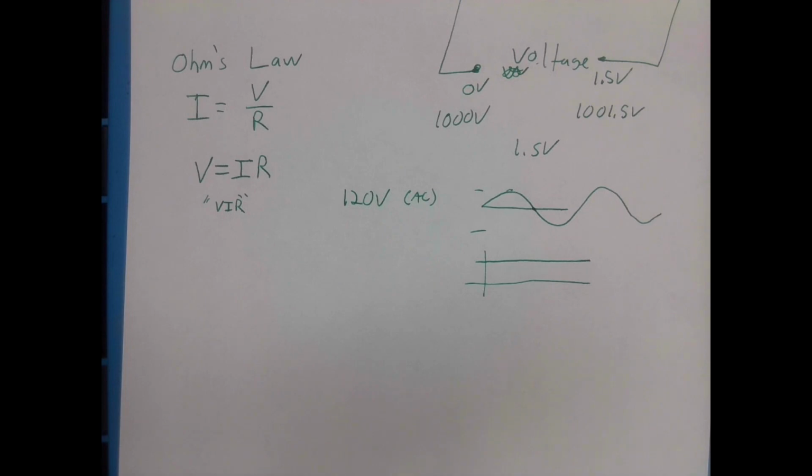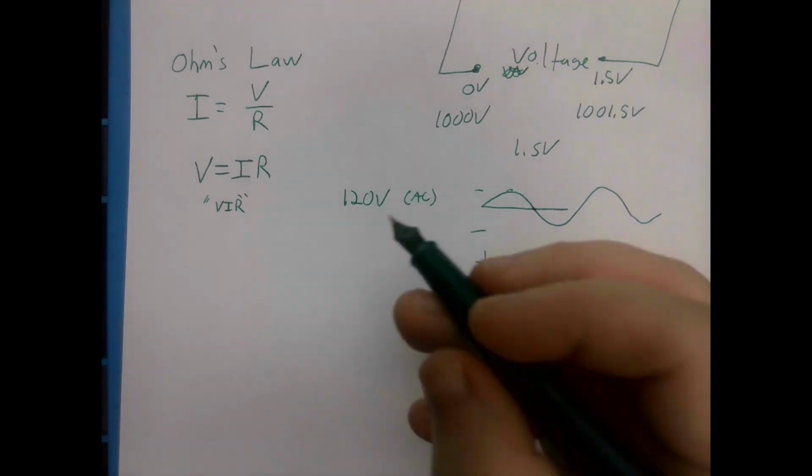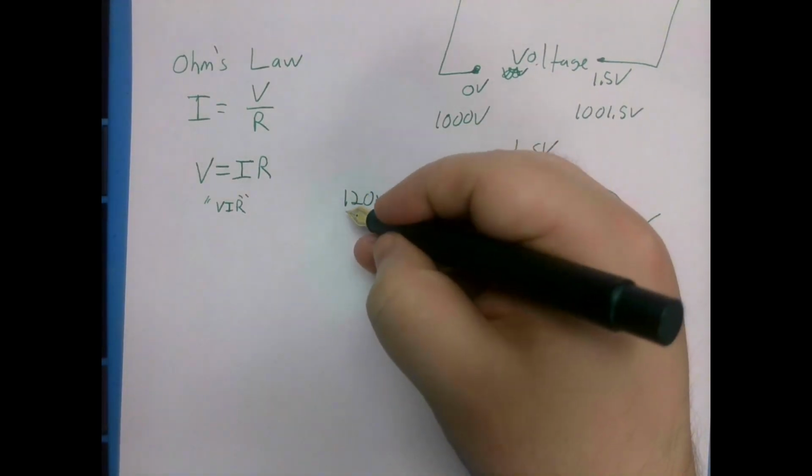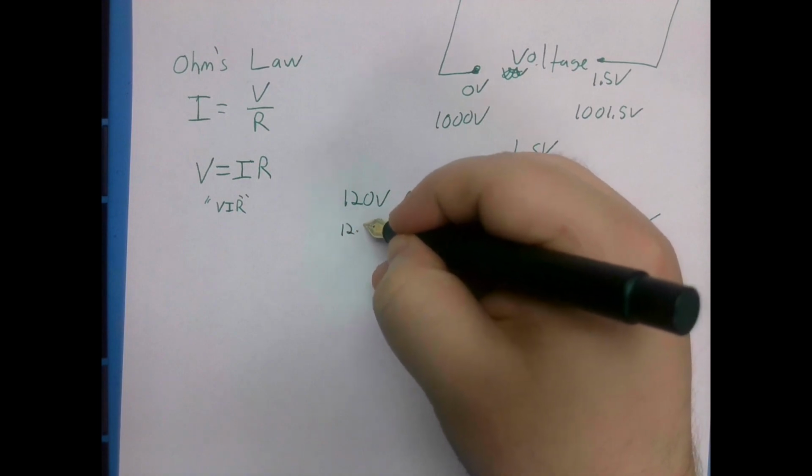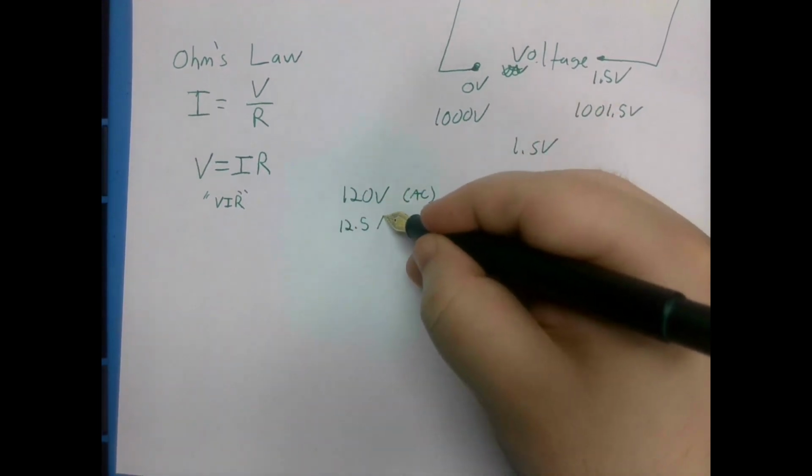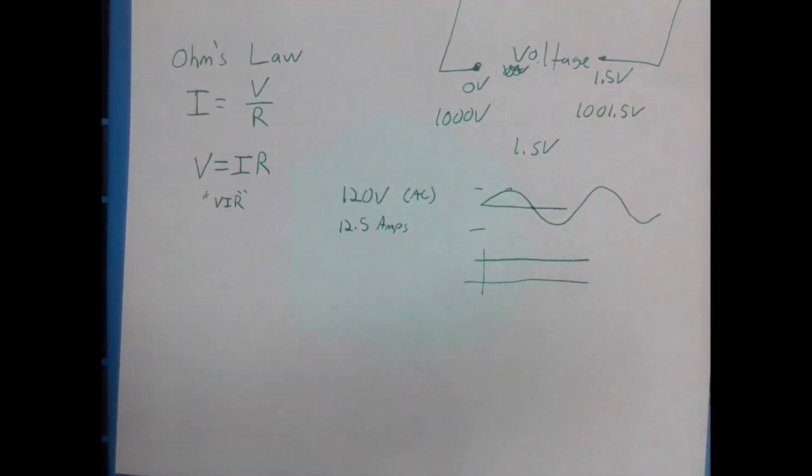Let's look up a space heater. So space heaters usually draw around 12.5 amps. What will be the resistance inside it?